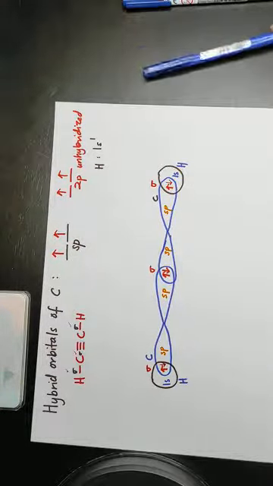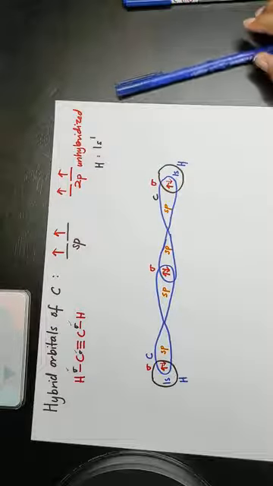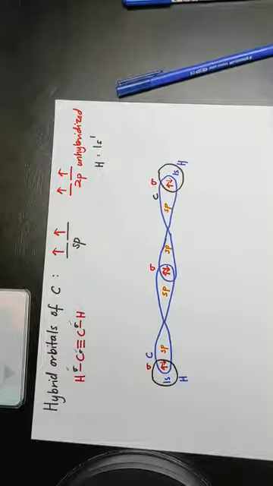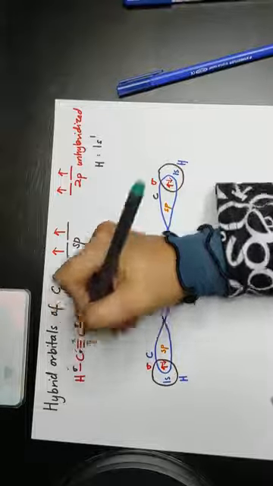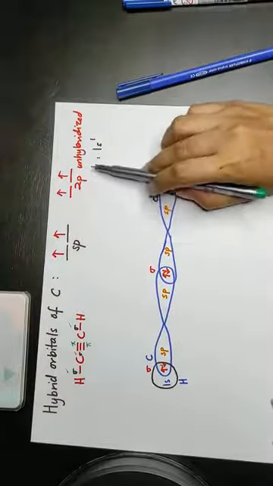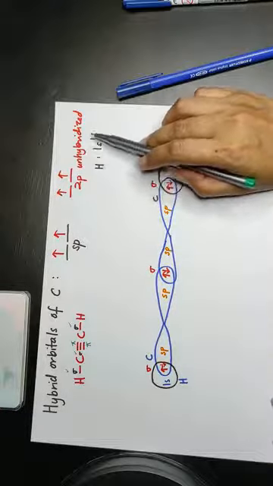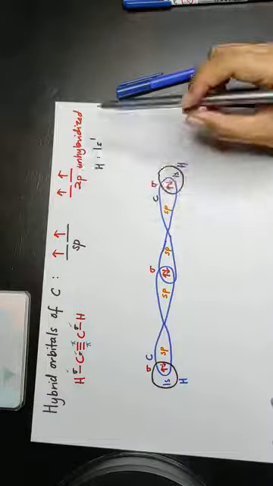Okay, so the pi bonds, there are two pi bonds between carbon atoms. So the pi bond is formed when the unhybridized 2p orbitals of each carbon atom undergo side to side overlapping.